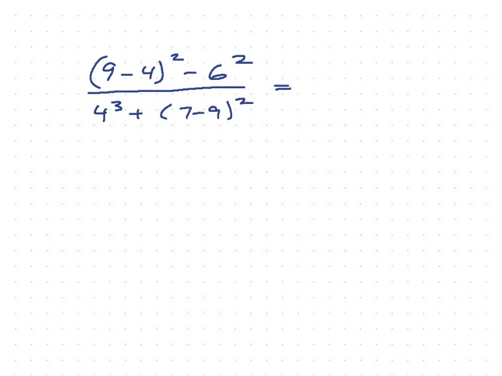So do the top, do the bottom, then simplify. So 9 minus 4 is 5. 5 squared minus 6 squared. 4 cubed is 256, minus 7 take away 9 is negative 2 squared.